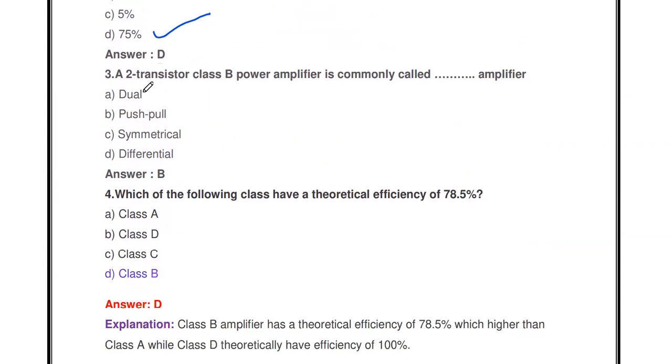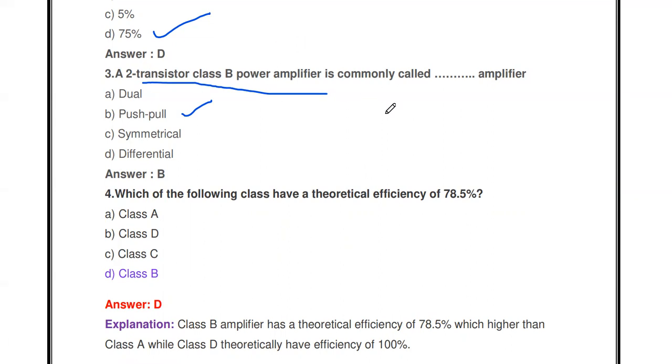Then: a two transistor class B power amplifier is commonly called dash amplifier. Options: dual, push-pull, symmetrical, differential. While designing a class B amplifier, we compulsorily have to use two transistors, since the conduction angle for the class B power amplifier is only 180 degrees. During the positive half cycle, one transistor will conduct, and during the negative half cycle, the other transistor will conduct.